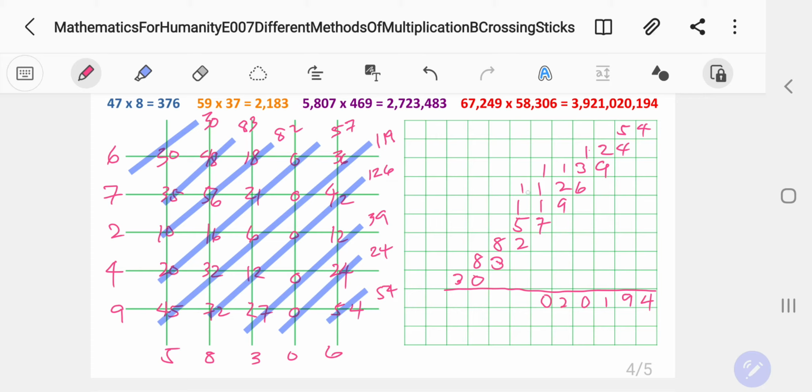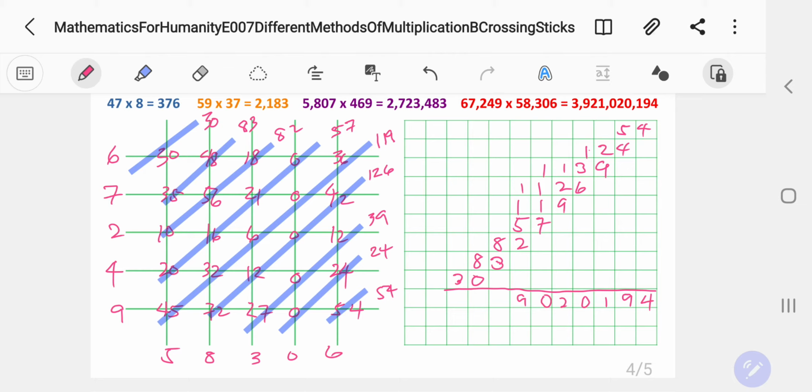You have to carry 1 here. 1 plus 1 plus 5 plus 2 would be 9. And then you have, so this is now 1 plus 1, this is 0. 1 plus 1 plus 1 plus 5 plus 2 is 9.